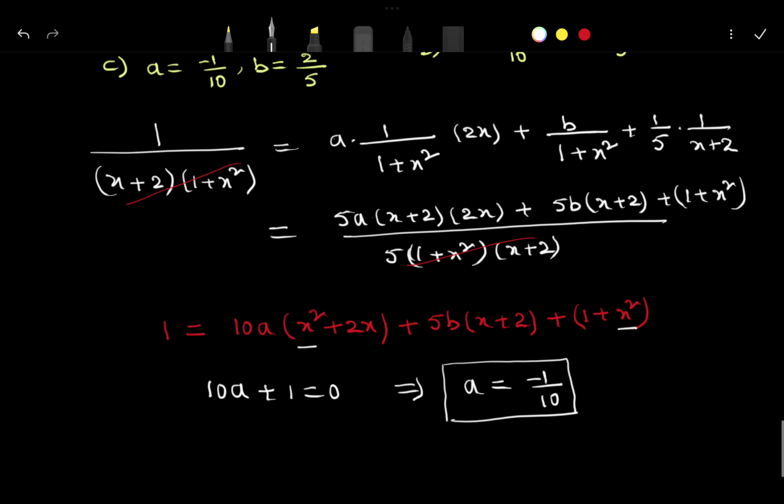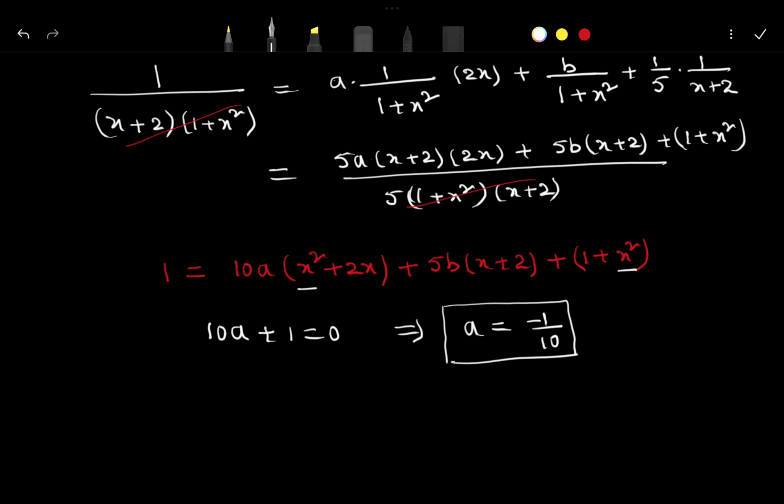Next is comparing the coefficient of x. Here the x coefficient will be 10a into 2, so totally 20a, and next 5b, so plus 5 into b.